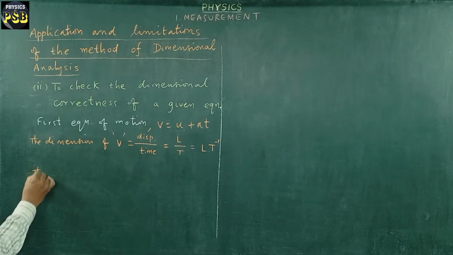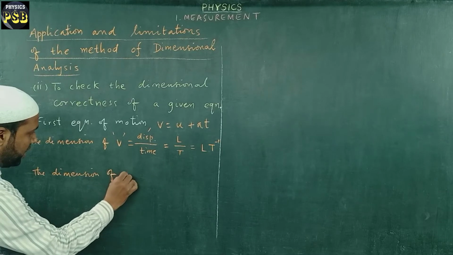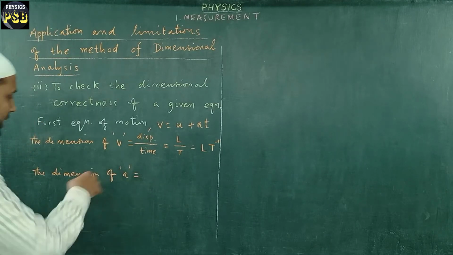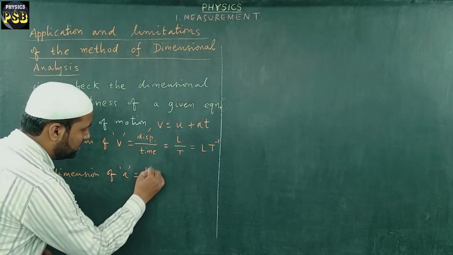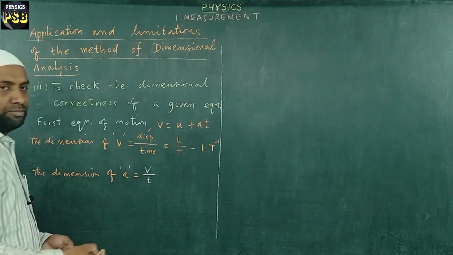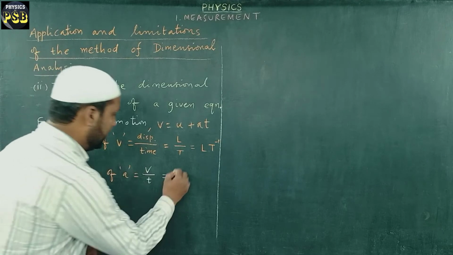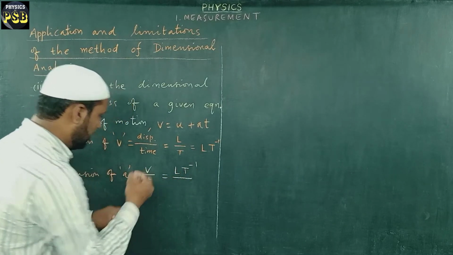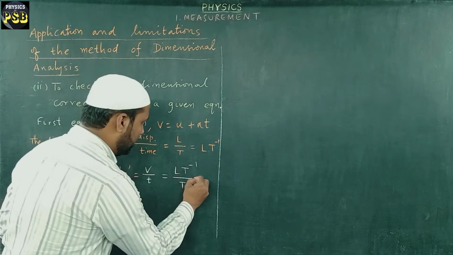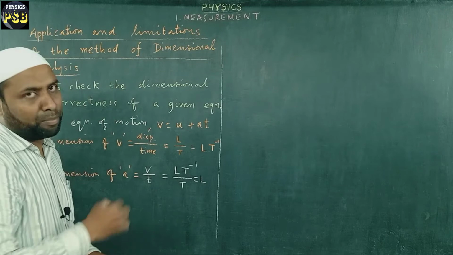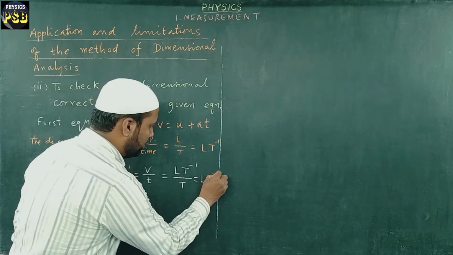The dimension of A. A stands for acceleration. Now we know acceleration is the velocity divided by time. The dimension of velocity is LT power minus 1 and the dimension of time is T. So when T is taken to the numerator, it becomes T power minus 1. So T power minus 1, already we have T power minus 1, then this is T power minus 2.